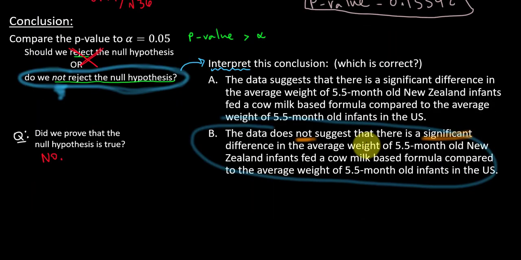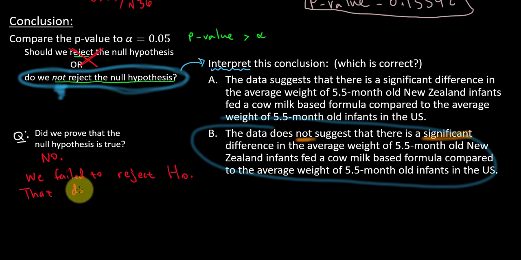We do not ever prove a hypothesis, null or alternative. Here, we failed to reject the null hypothesis. We failed to reject H0. That does not mean that H0 is true.